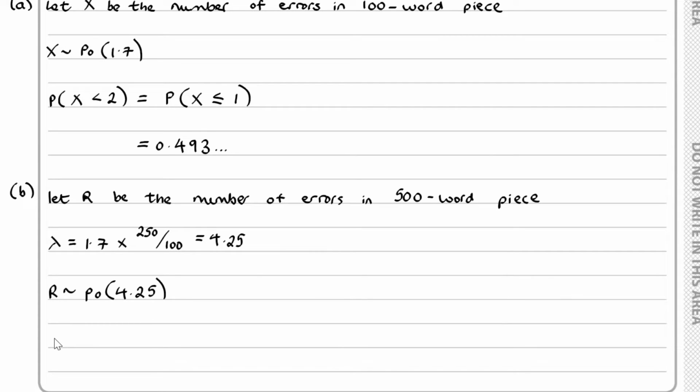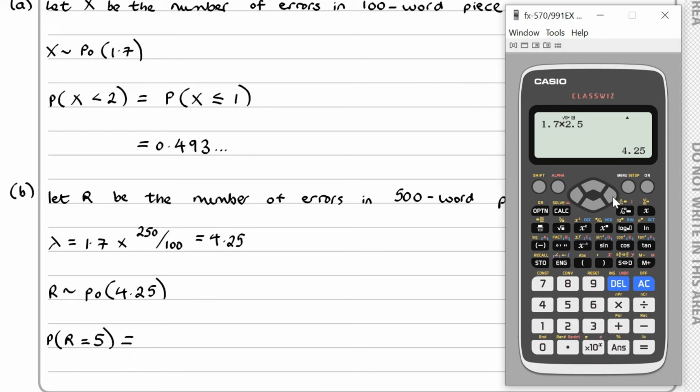And therefore, if we solve for the probability that R equals 5, we can work this out quite easily. So back to the distribution section, we have a Poisson PD, x is equal to 5, lambda is equal to 4.25, we end up with 0.164, etc.